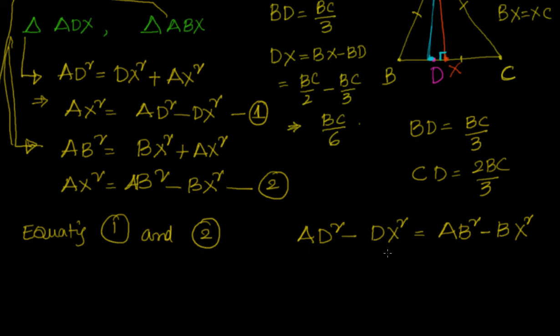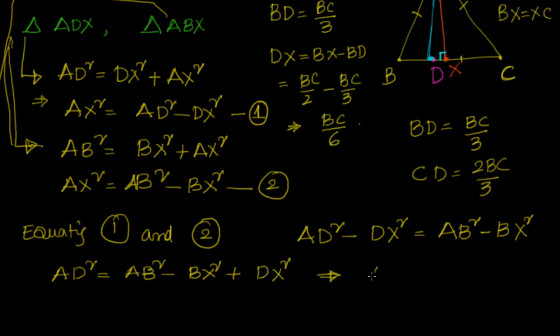Now let us take the remaining terms to that side and say AD square is equal to AB square minus BX square plus DX square.